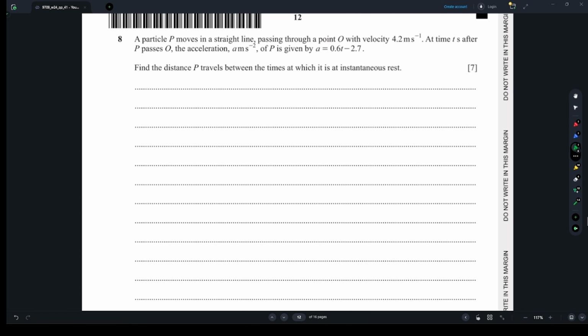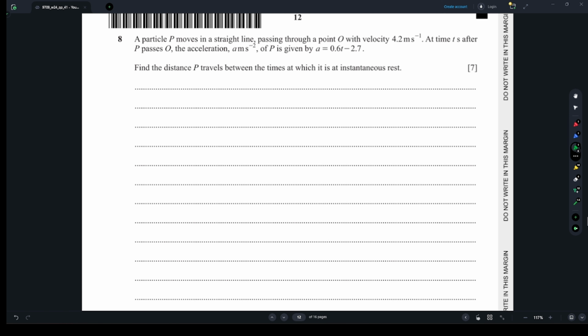Here, the particle P moves in a straight line, passing through a point O with a velocity of 4.2 at time t. After passing this O, it accelerates with an acceleration of a, and P is given by this equation.